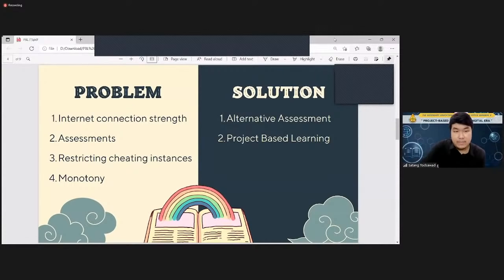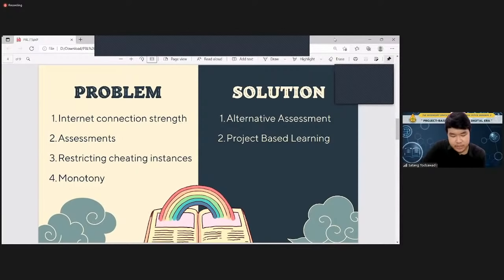The second problem is the assessment. The assessment is the right manner to do in the education system under normal situations, but in an online situation, it is quite different and difficult.